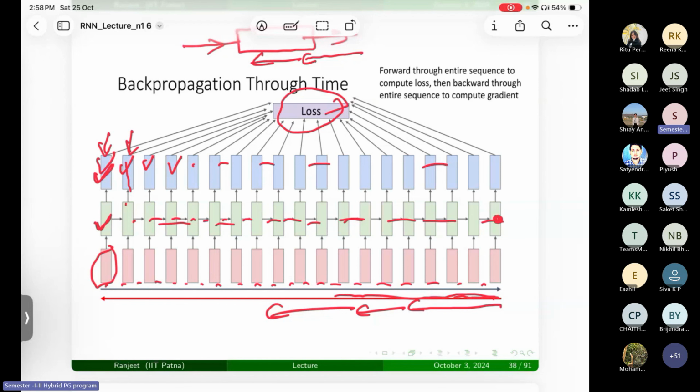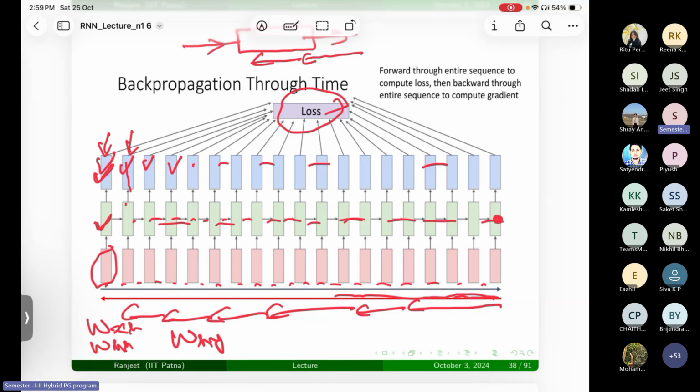So why should we not update it at the end? So we'll go back through every state, finding the gradients, and at the end I'll update the W. So I'll update WXH, WHH, WHY. These are the W's that you have to update, so that next time it will give you a better result.